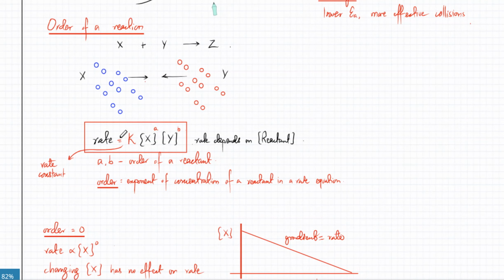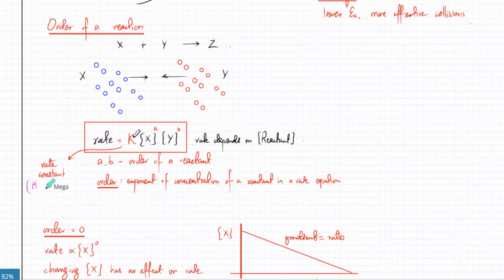And remember, this K is a rate constant, and this K only changes with temperature. I'll just add this over here.